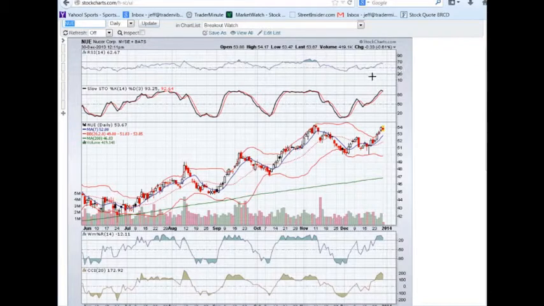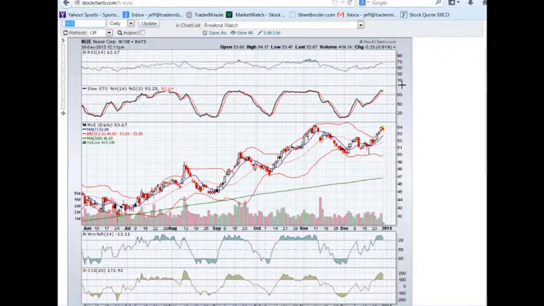RSI below 30, stock goes up, support. Williams percent R below minus 80, stock should go up. Notice how all these indicators look pretty much the same and move in the same direction; the scales on them are just a little bit different. They're a little bit different because of what they're measuring, but essentially they're measuring the same thing.